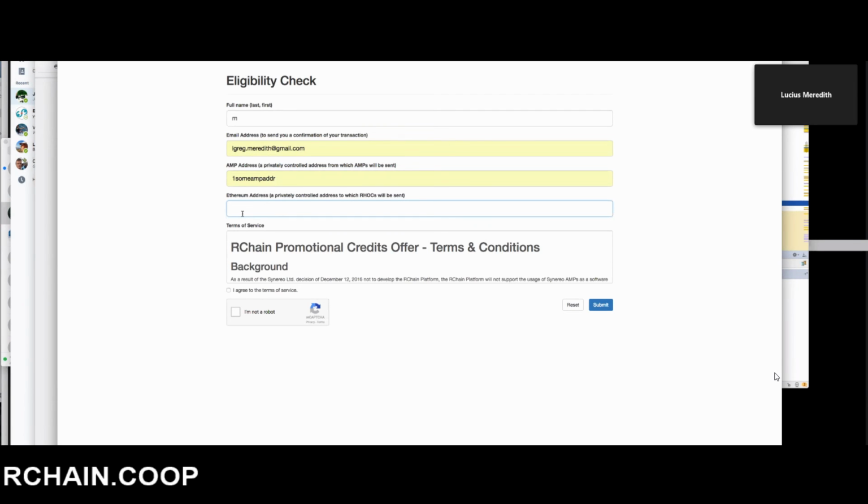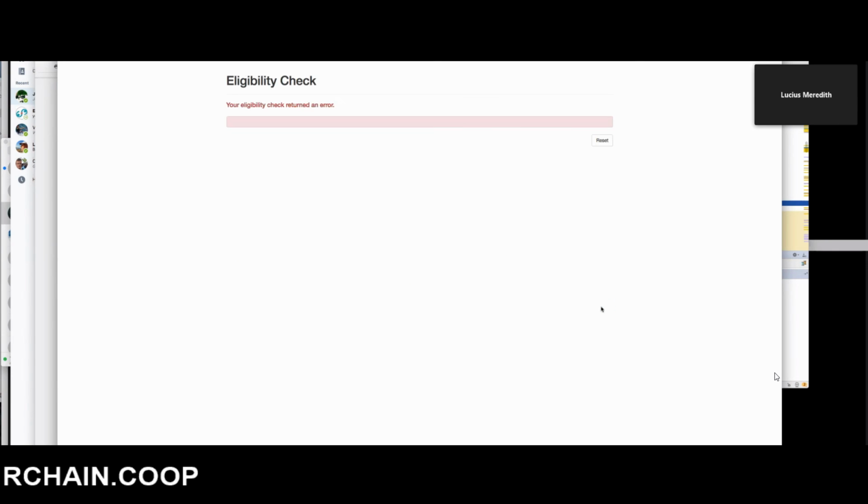This won't be a DOS attack because of the way we're handling this. Then you agree to the terms of service, tell us that you are not a robot, and then you submit.